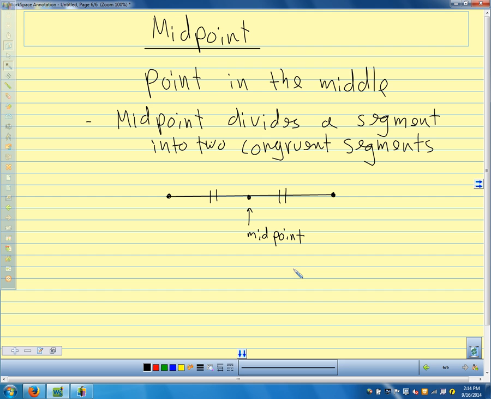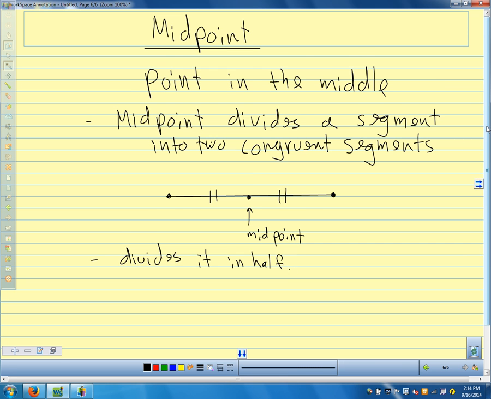What would be the everyday way of saying it's a point in the middle, it divides it into two congruent segments? The midpoint divides the segment in half. Perfect. We have a fancy word for divides in half.